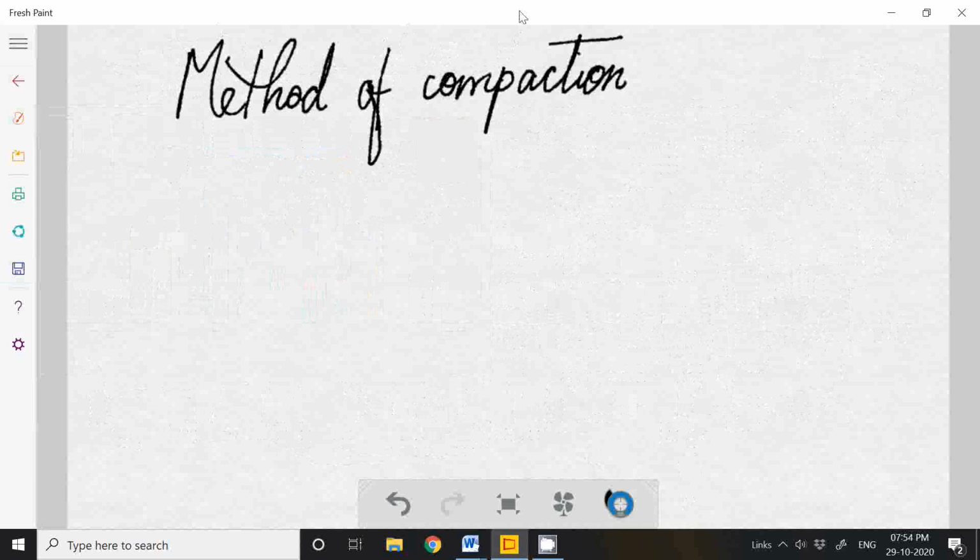So there are various equipments there. One is called the sheep foot roller.